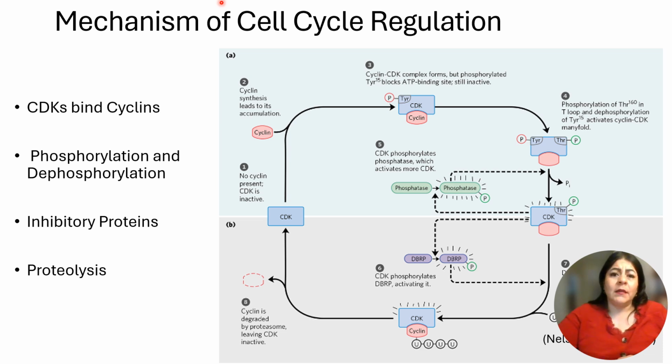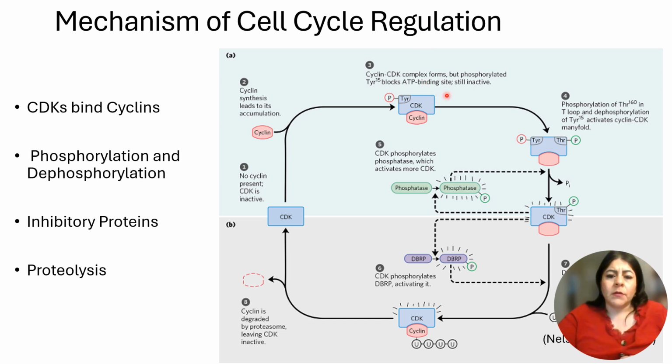Cyclin production will lead to the binding with CDK, and it forms this inactive complex. So here we have the binding of these two, and we have the inactive complex here. Activation will happen through phosphorylation at threonine 160, or threonine at position 160, which positions a blocking loop, and dephosphorylation of tyrosine 15, or tyrosine at position 15, which allows for ATP binding.